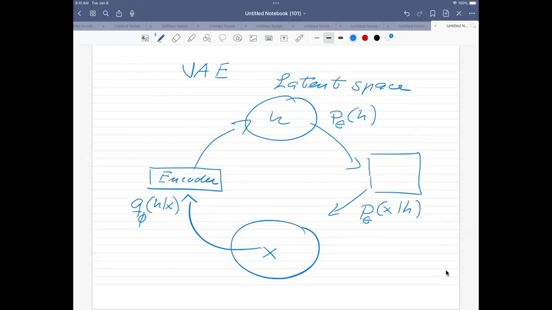Now, this quantity which you see here defines P theta of X and H, which is given by P theta of X, and this is just the product rule of probabilities defined by these quantities which we are training. So this is the decoder, and we set up the equations which are done in the training, and this gives us back an X tilde, which we obviously hope is as close to the real data as possible.